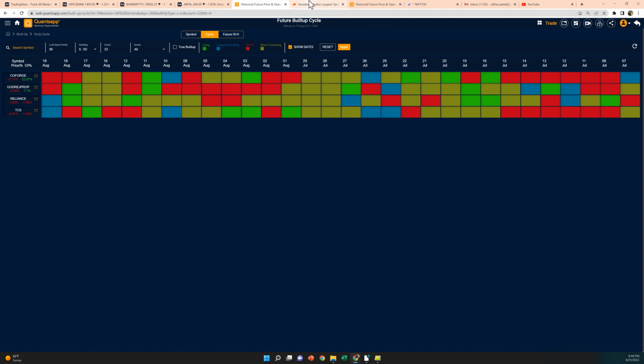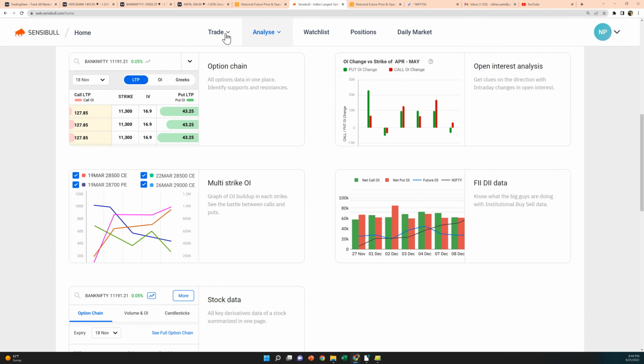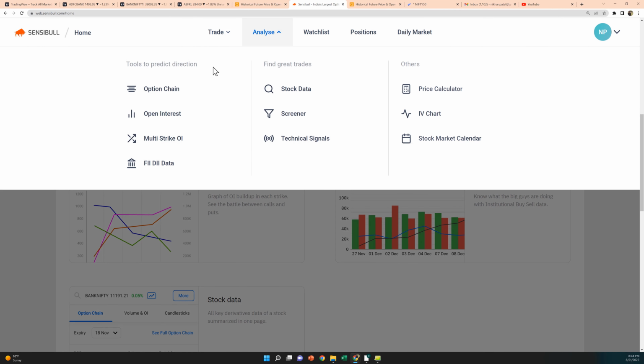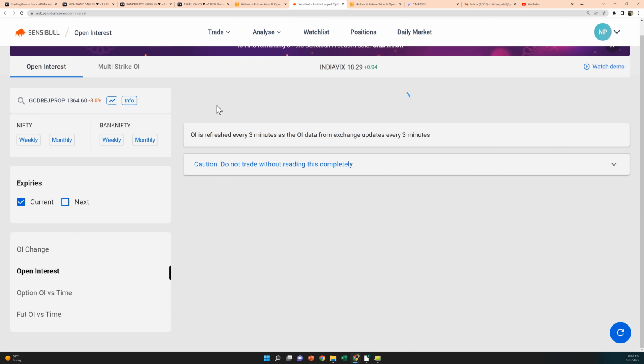Then what we do is we go to Sensible, we go to analyze, we go to open interest, and we click on Godrej Properties here.